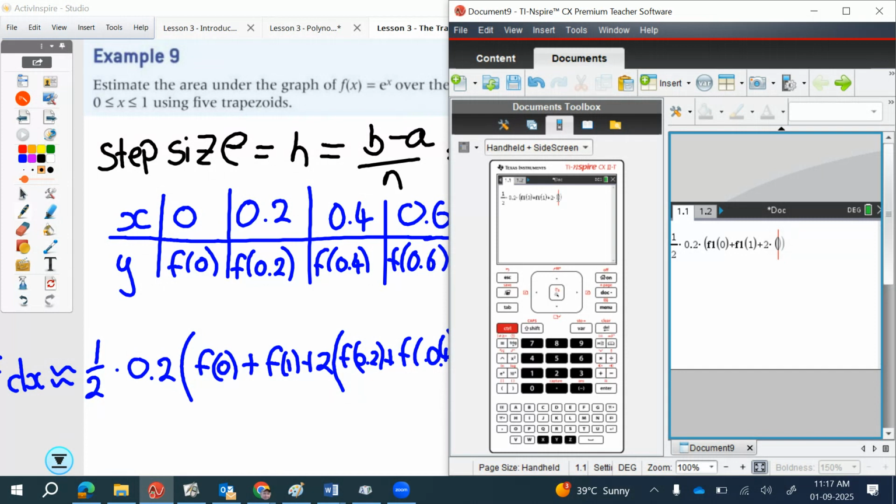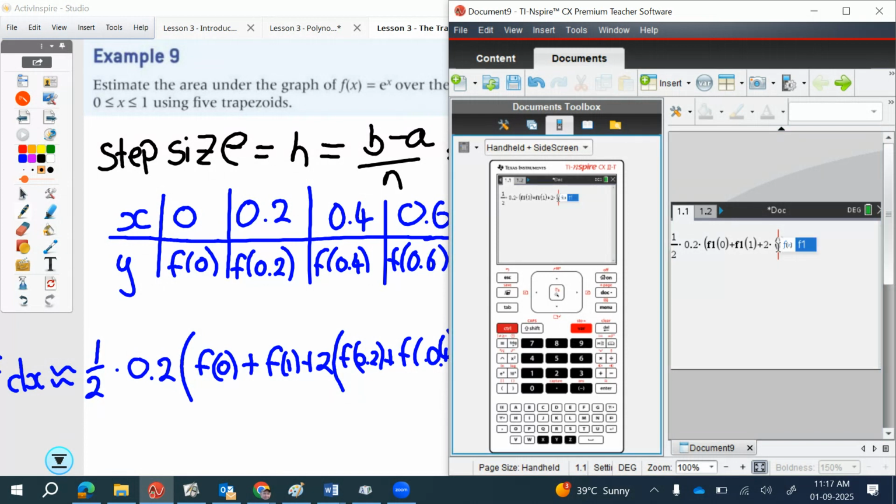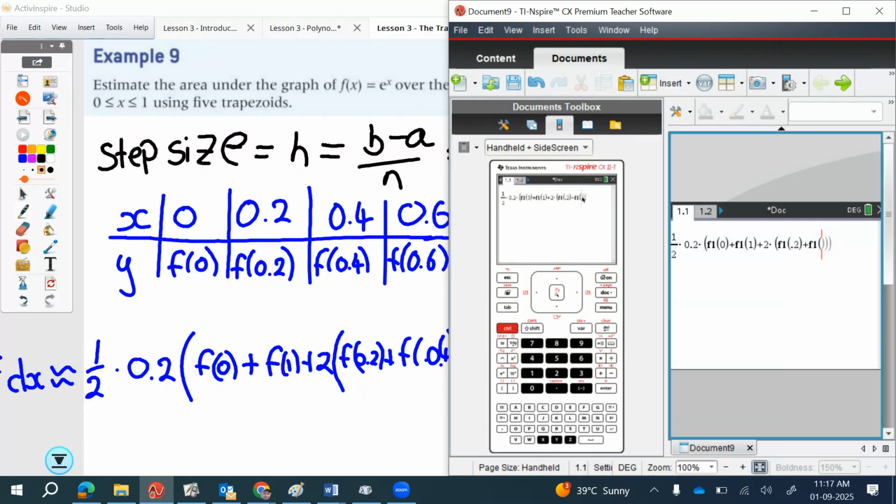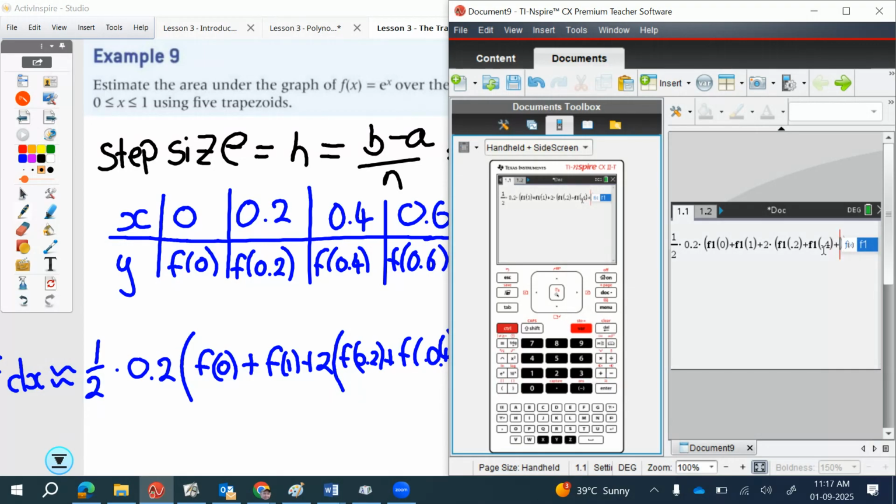So for each of your functions, f of 0.2 plus f of 0.4, close bracket, plus f of 0.6, close bracket, plus f of 0.8. Once you've got it all in, we should get this value, 1.72.